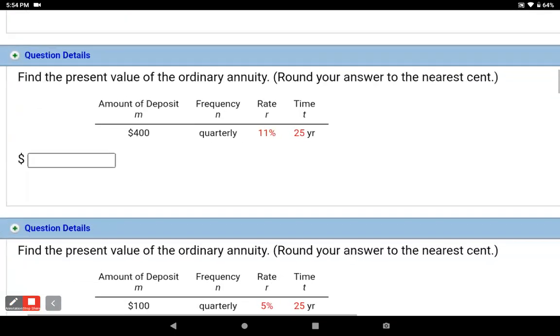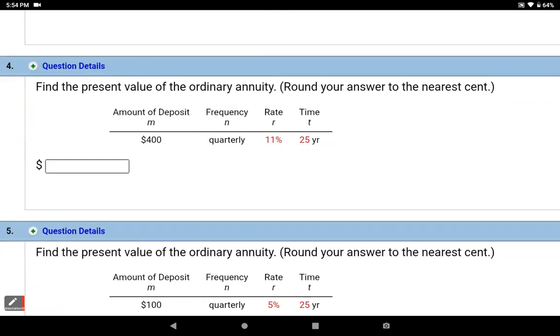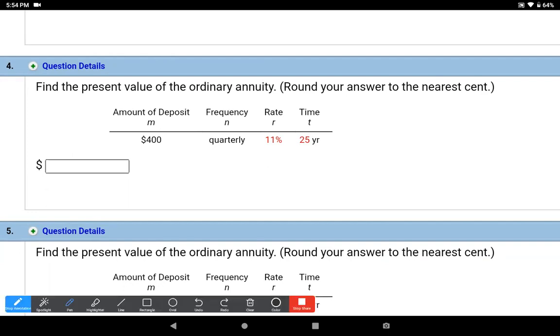Then we have find the present value of the ordinary annuity again and again, but we're going to try different things, right? This time we have quarterly.